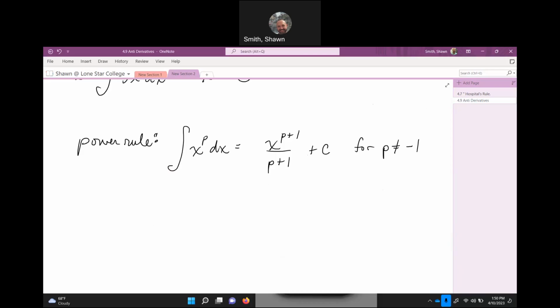Let's see it again. Constant multiple rule. This helps to simplify down the function and then take its antiderivative.